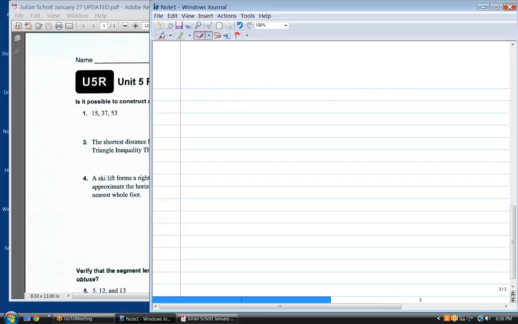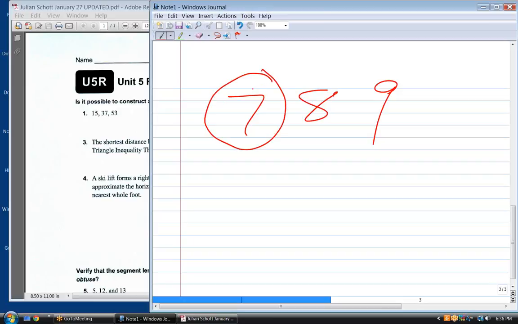Let's take the triangle 7, 8, 9. Examine 7. Is that less than 8 plus 9? Yeah. Is it greater than 9 minus 8? Yeah. Now let's examine 8. Is that less than 7 plus 9? Yes. Is it greater than 9 minus 7?